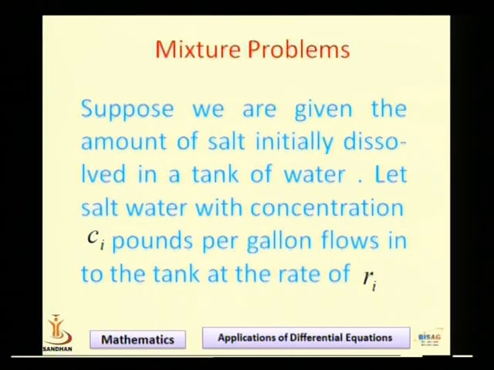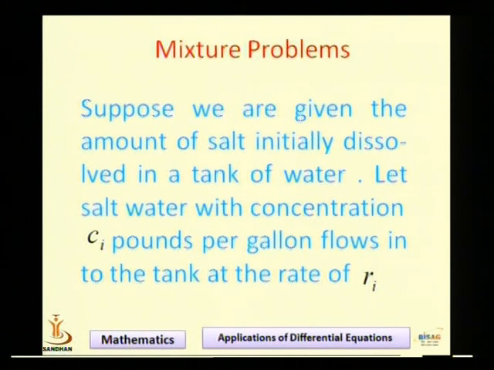There is another field where we can use first order equation, which is mixture problems. What is this mixture problem? There are water purification plants, then tanks where chemical solutions are there.